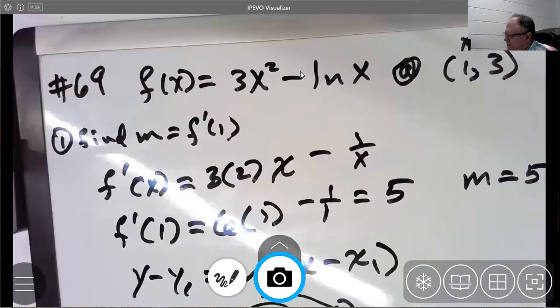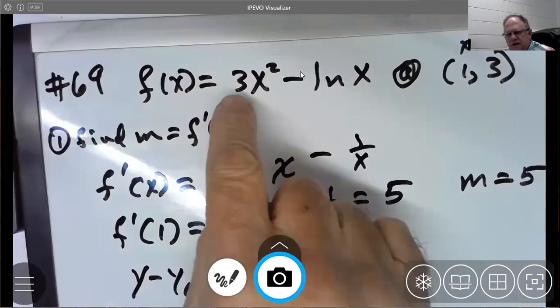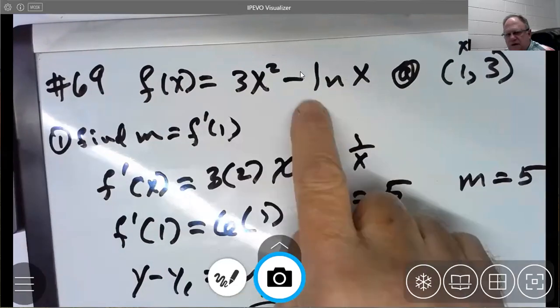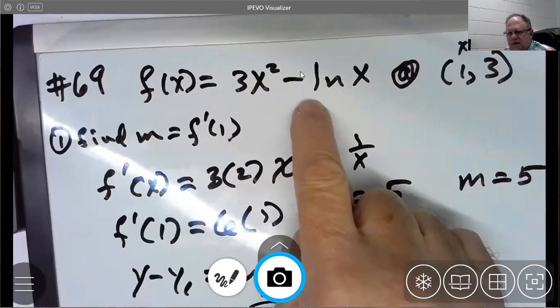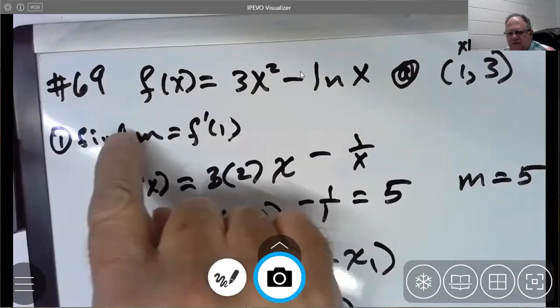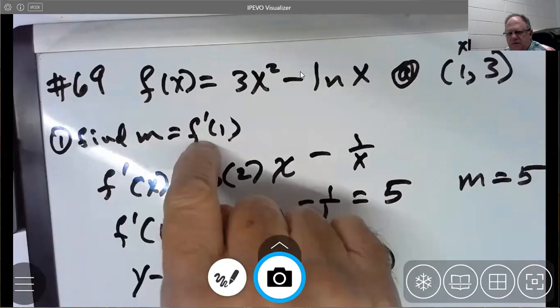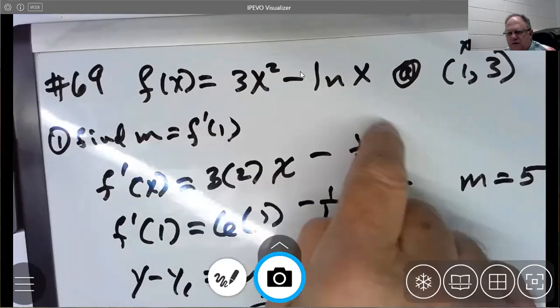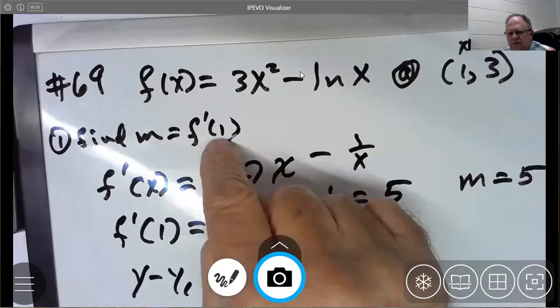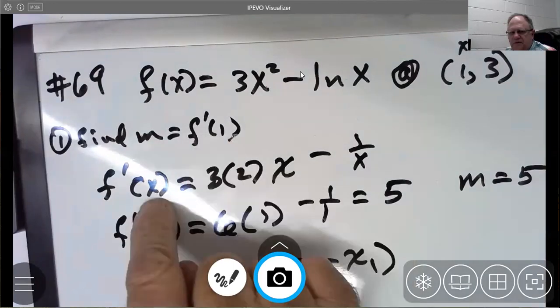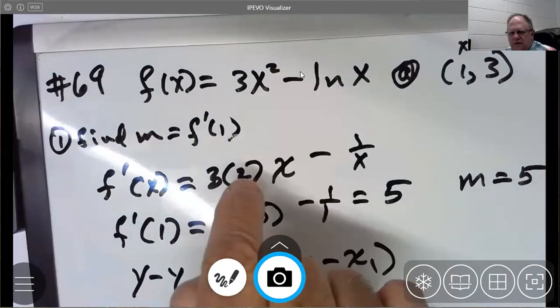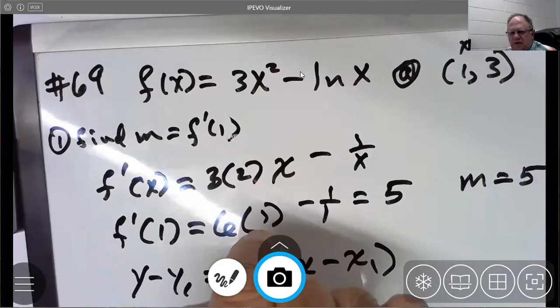Okay, so we're doing problem 69. We have to find the tangent to this line right here. First thing we have to do is find the slope, and we find the derivative, and we plug the x coordinate into the derivative. So for the derivative, we bring the 2 down, right? So that'll be 3 times 2 is 6x.